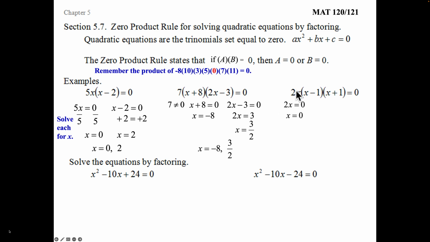So let's just grab that and declare x equals 0 from now on. Then we'll take x minus 1, set it equal to 0, x equals 1. x plus 1 equals 0, subtract over the 1, x equals negative 1. So in this case, you have three answers for x because there were three factors that included the variable x.